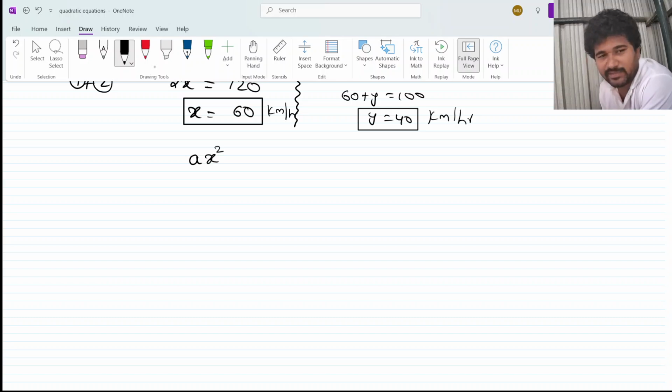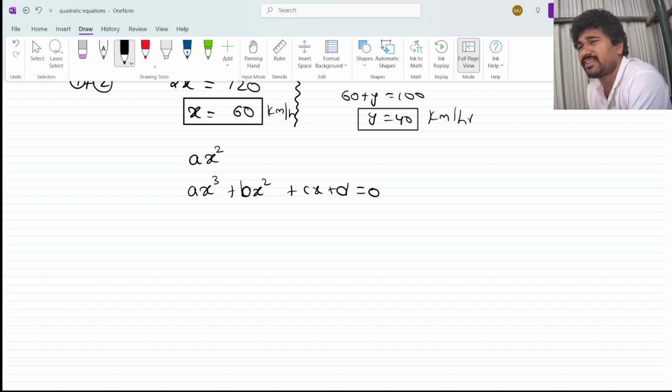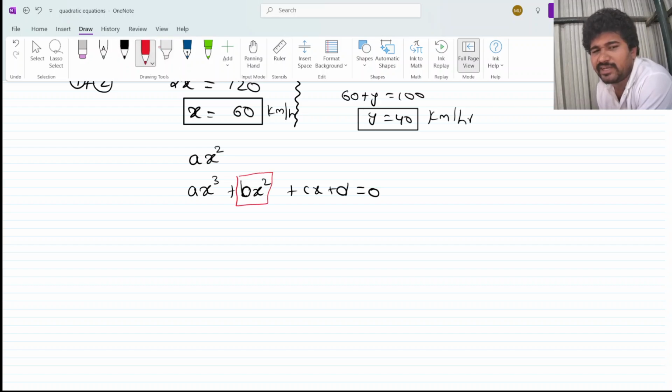For example, if there is an equation like ax cube plus bx square plus cx plus d equal to 0, this cannot be a quadratic. Don't say blindly that if there is x square, I can call it quadratic. The highest power should be square.